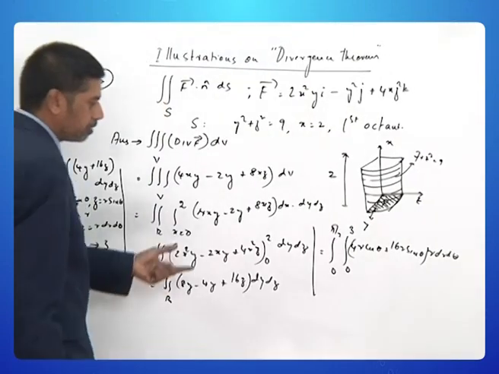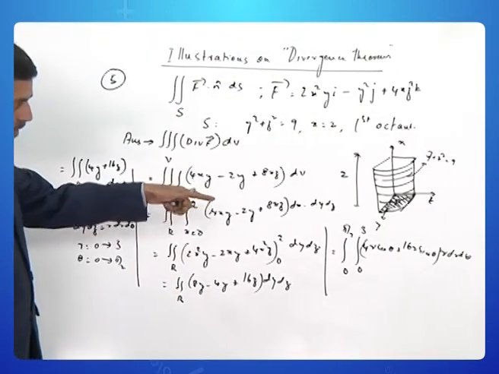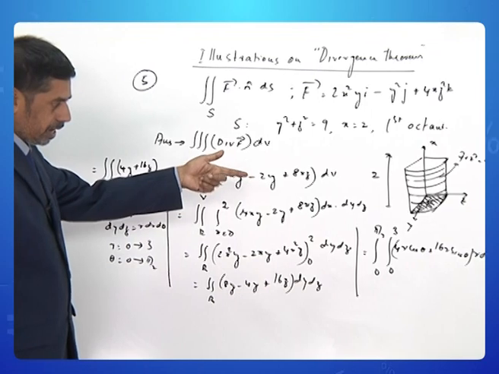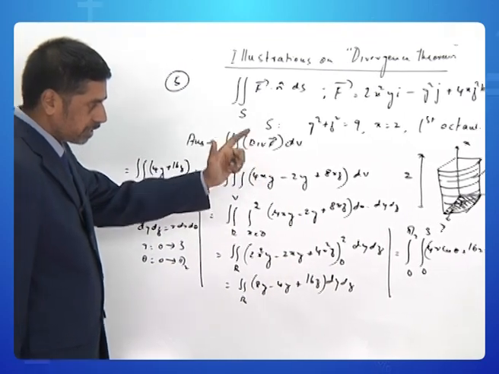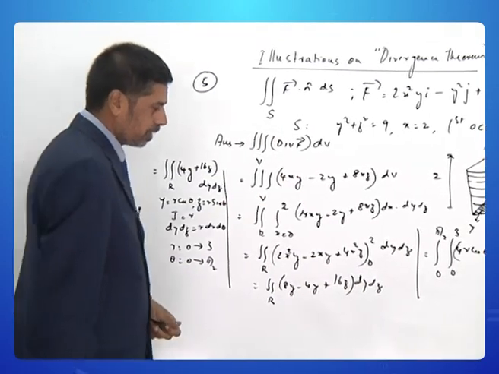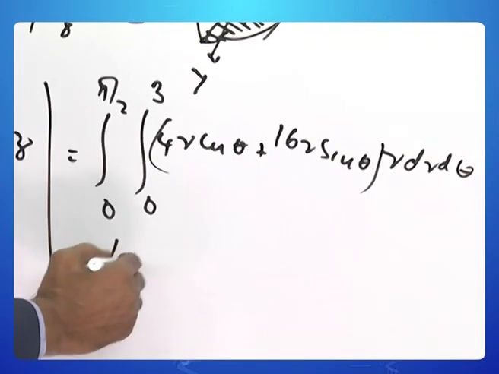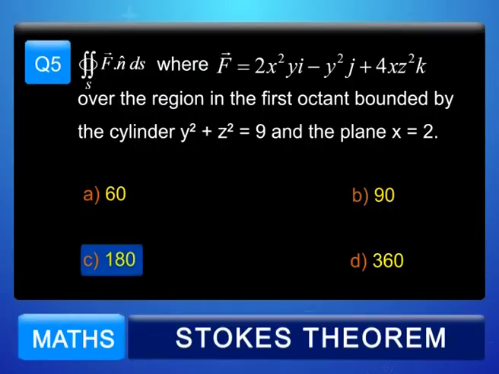So we will have to perform integration with respect to r first, apply limits from 0 to 3, and then the remaining trigonometric functions integrate from 0 to pi by 2. You can easily find the answer will be 180 and the correct option will be C. So please try out that last part, which is not at all a difficult thing to do.